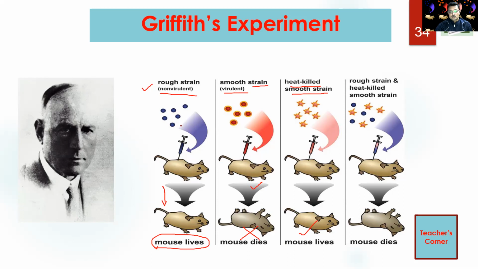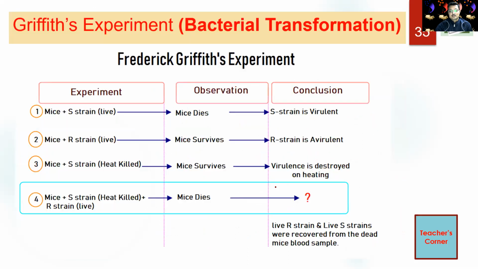The R strain also causes mice to survive, but he was surprised when he mixed the heat killed S strain and live R strain. Remember, both were not able to kill the mice, but when he injected the mixture, the mice died. This was something that he did not expect.